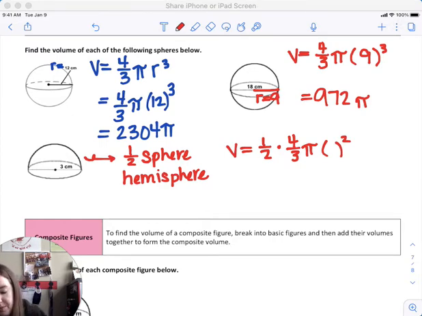I'm sorry, cubed. Cubed, radius cubed. So we'll go ahead and pop in 3 for our radius here. And when we put that into our calculator, everything except for that pi, we're going to end up with 18. So the volume of that half sphere is 18 pi.